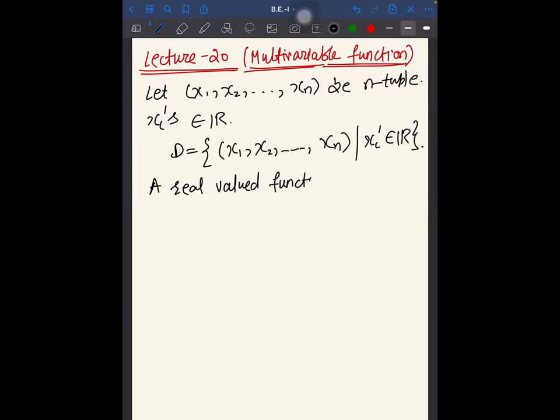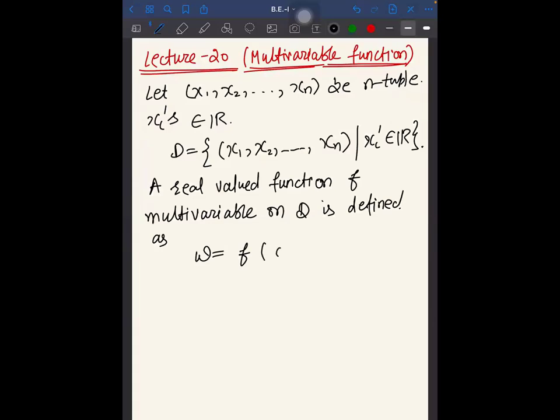function, okay, a multivariable function f on D is defined as something like w = f(x1, x2, ..., xn).